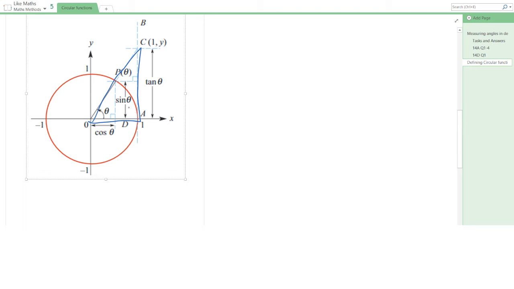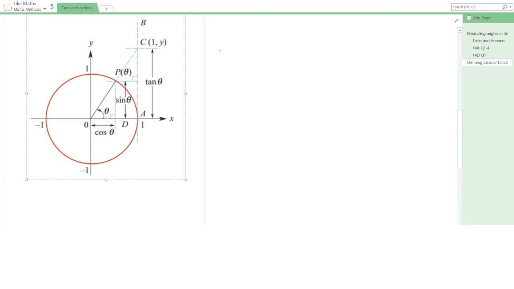What that means is that in terms of the ratios of those sides, noting here, this distance is 1 because it's a unit circle, and that distance is tan.